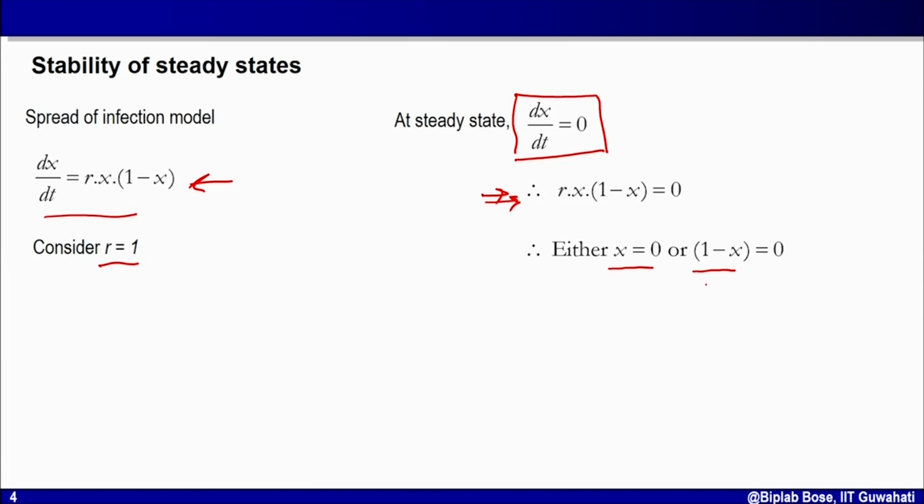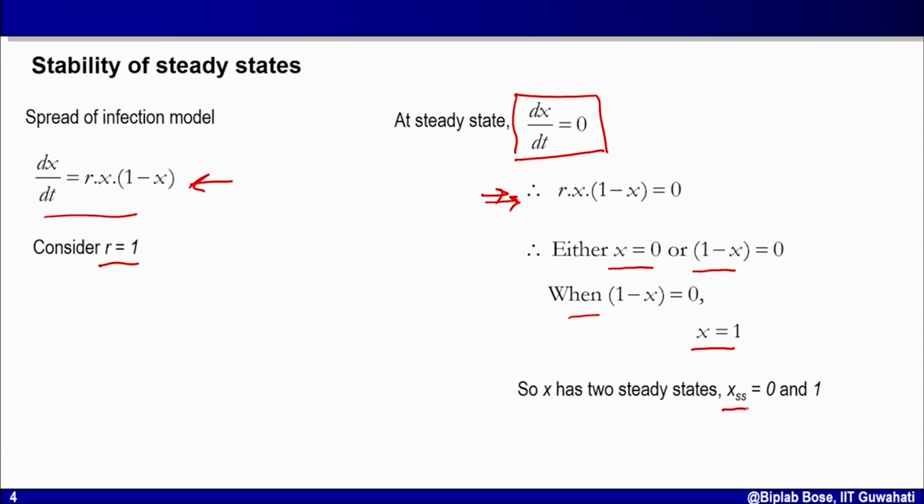If I consider 1 minus x equal to 0, then I can use simple algebra to get x equal to 1. So this system has two steady states. X_SS, that steady state value of x, is either 0 or 1. For both values, the system will be in steady state.